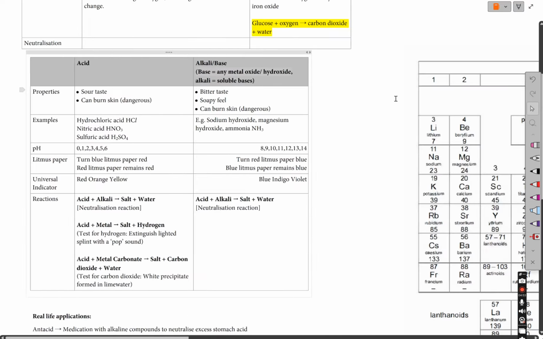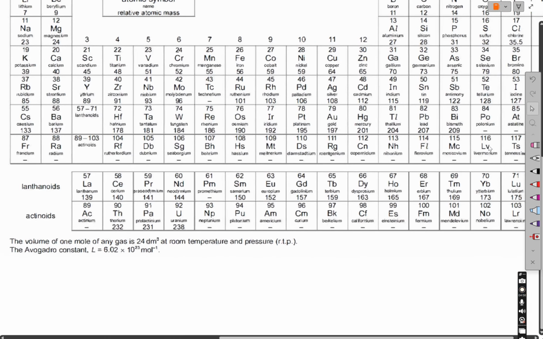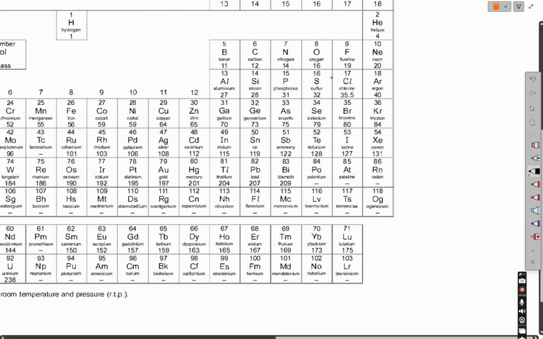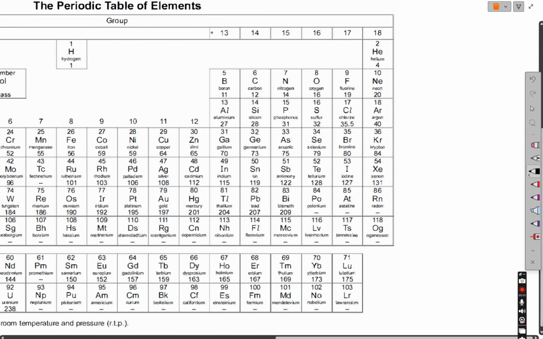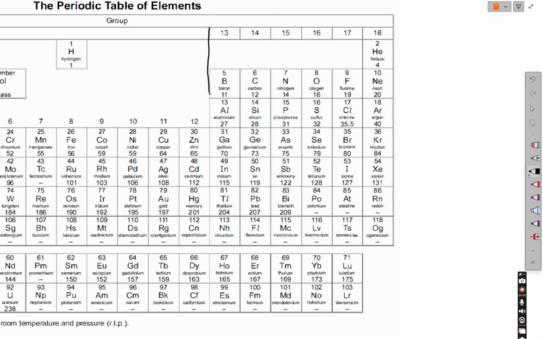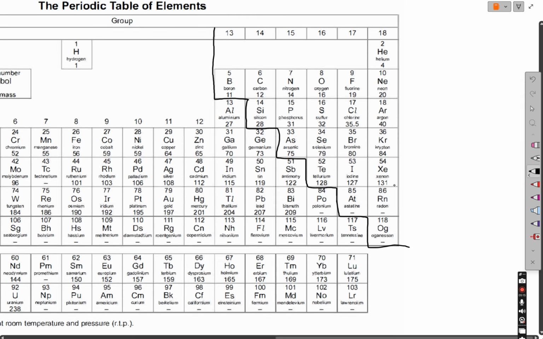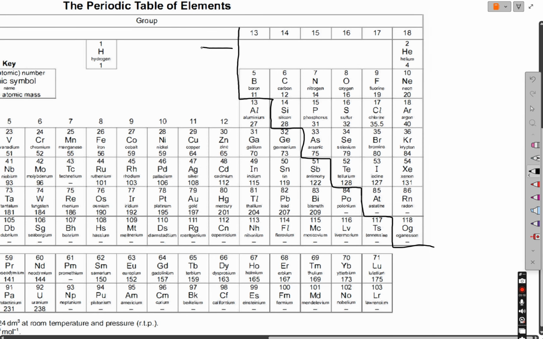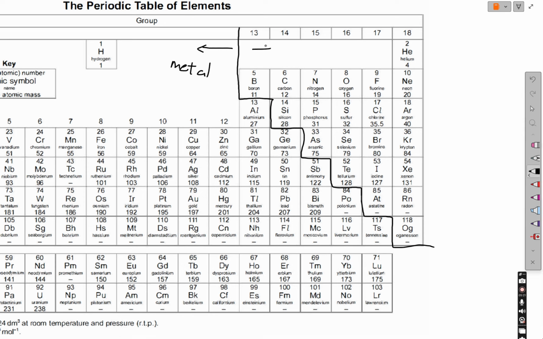If you look at your periodic table, hopefully you remember how to separate the metals and non-metals. This is how I separate them. From group 13 onwards, I draw one big line, and then I have my staircase. So it is very clear cut that this is metal and this will be non-metal.